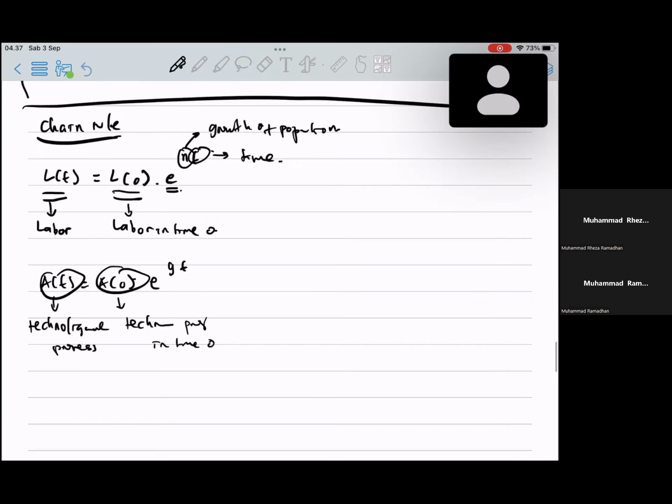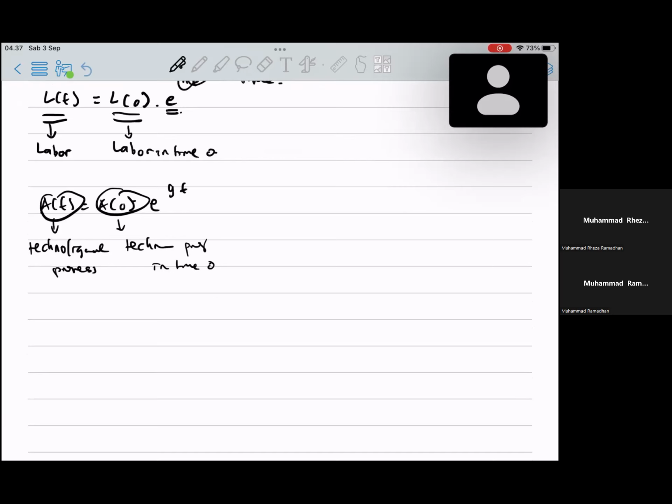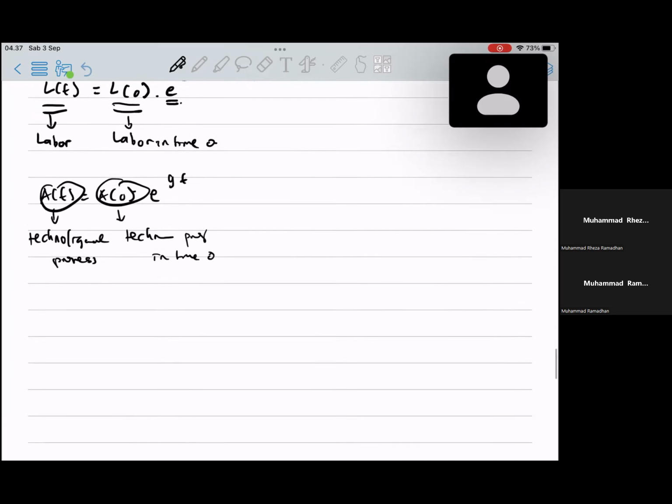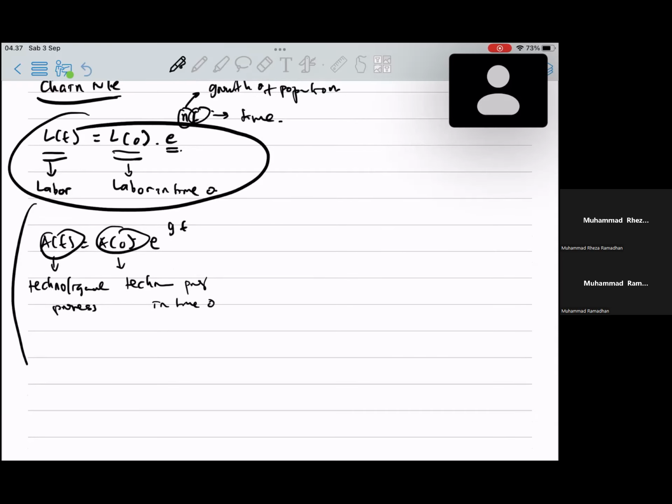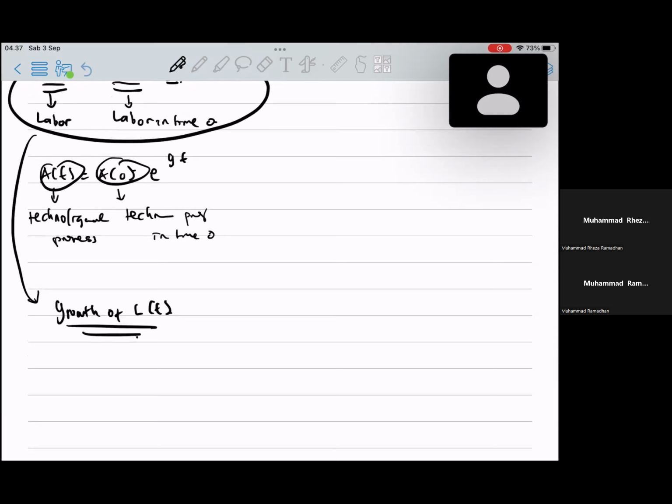So if you want to know, in this term, what is the growth of L_t? To get the growth of L_t, you have to find this.